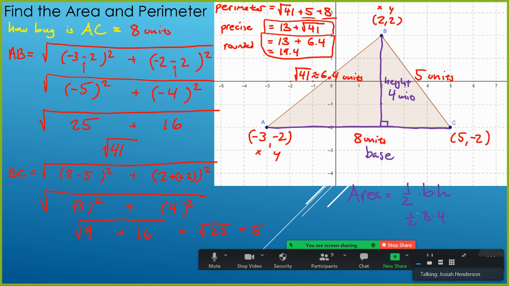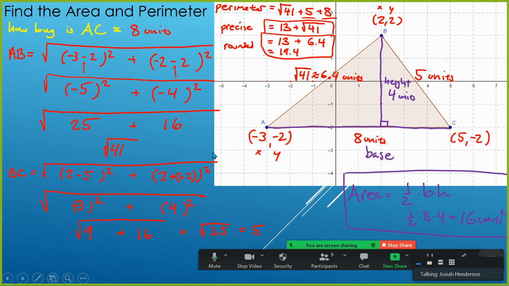That's timesing it by 1/2; we're merely dividing it by 2. 16 units squared. And that's it. We found the area and the perimeter.